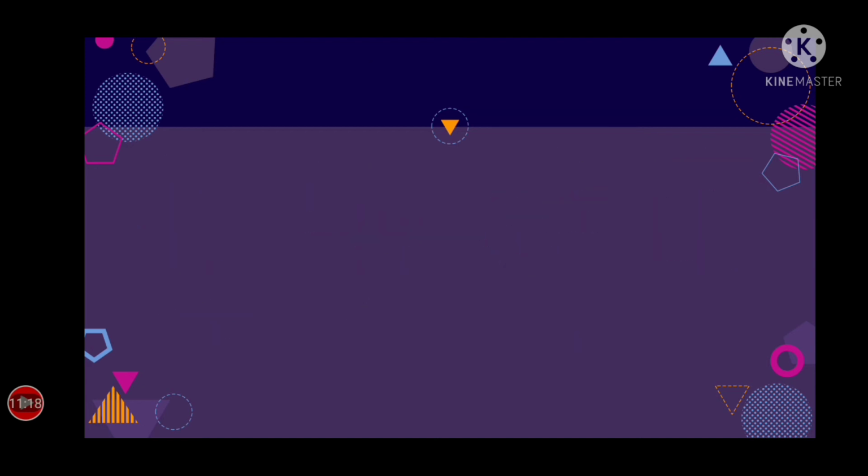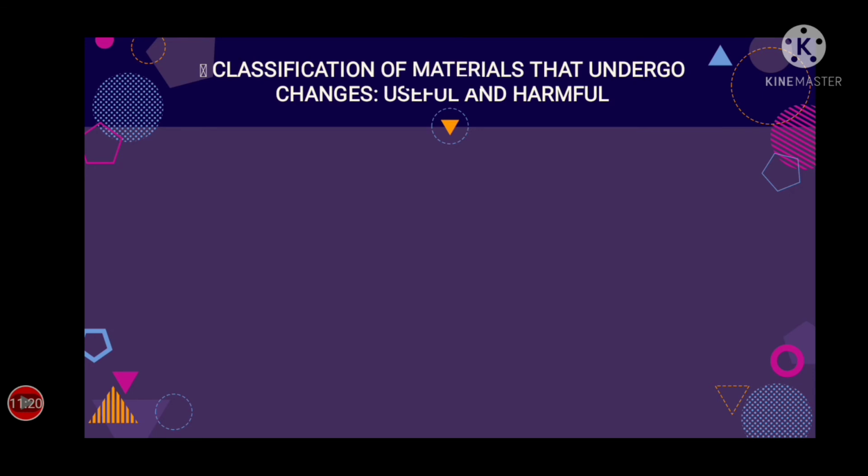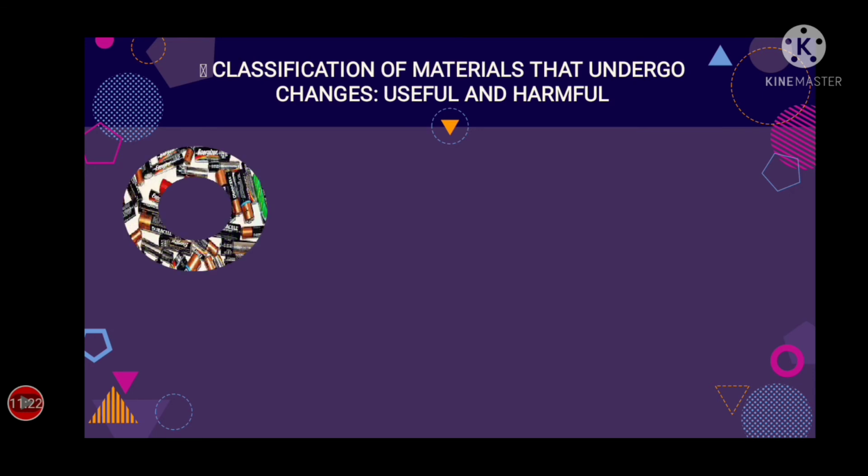Now let's proceed to the harmful. First is the drained batteries. Why does this become harmful? Diba pag ginamit pa natin yung battery, it is useful, especially sa mga remotes, sa radio, yung sinaunang panahon, so that is useful.